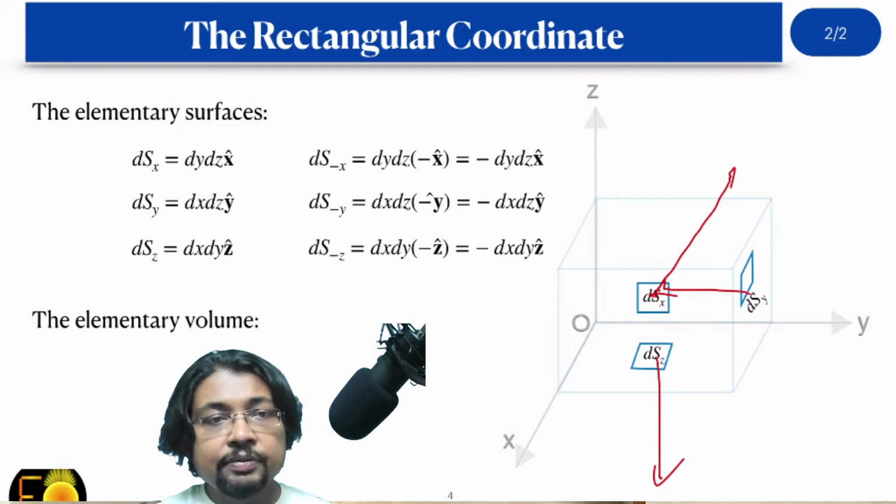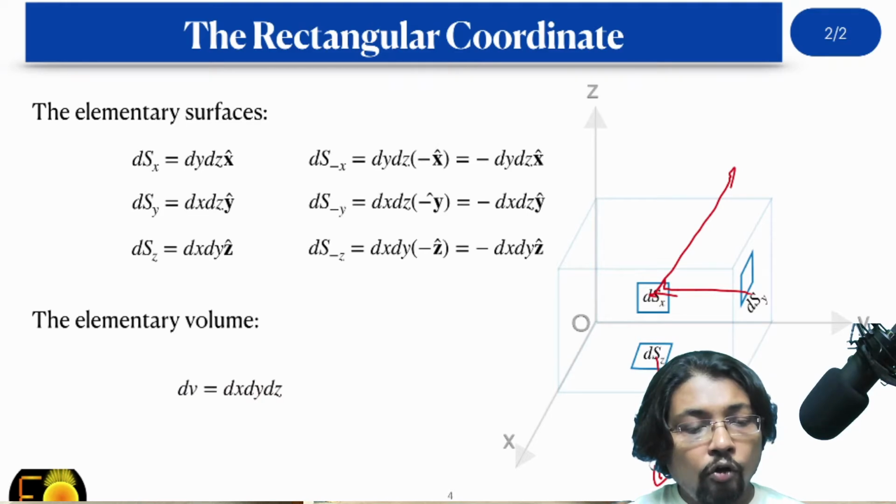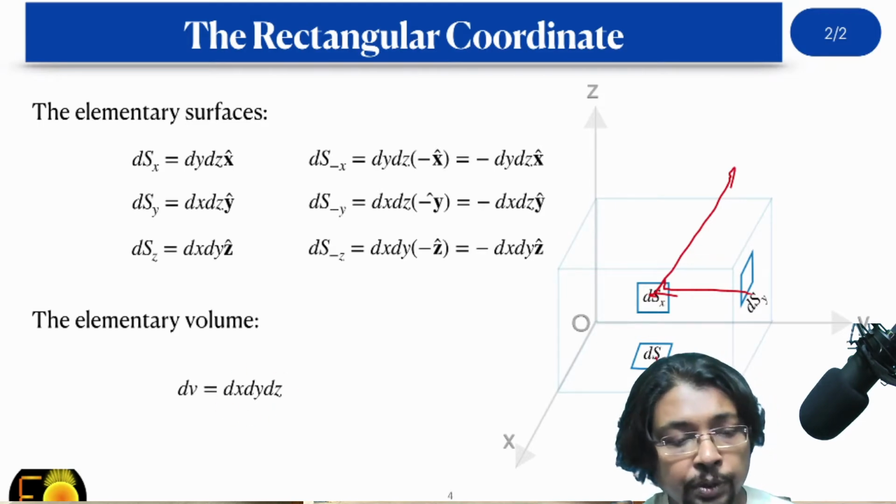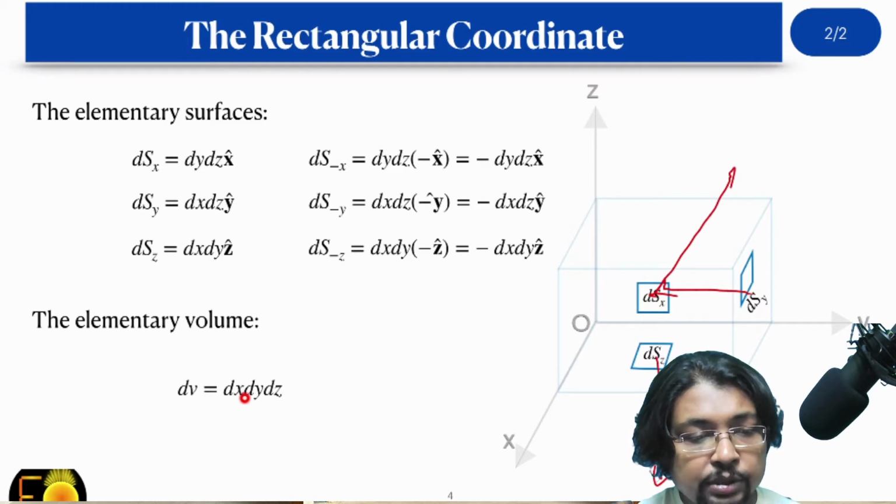And next is the elementary volume. Quite obvious that the elementary volume for this rectangular coordinate system will be the product of dx times dy times dz. Now this quantity is a scalar quantity, because if you consider dx times dy, it is a surface vector with a surface normal along the z direction.